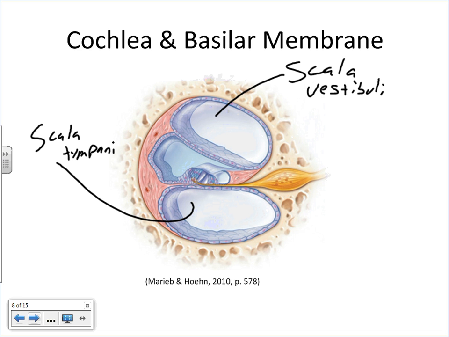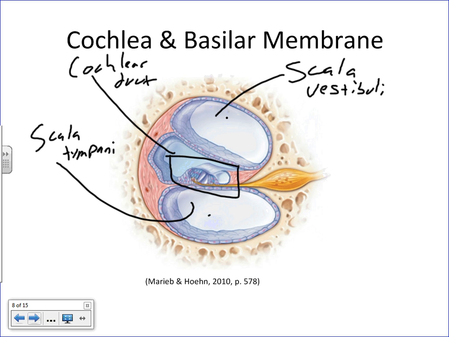And then in the middle here, you've got what's called the cochlear duct. Okay, the cochlear duct. Now this is important, within this cochlear duct, because this is where the actual organs or the receptors of hearing are located. Okay. These other scala, these are essentially fluid-filled areas.